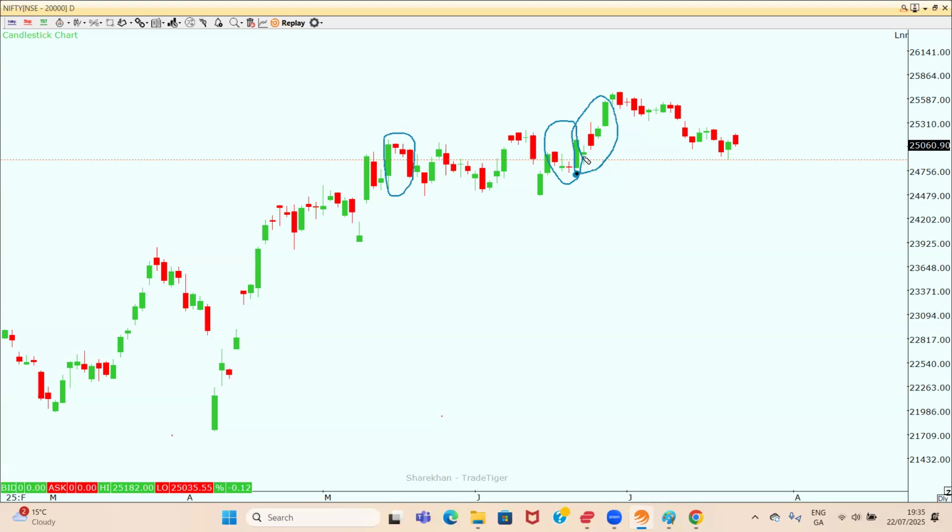So this is an exciting candle. These are base candles. And then there is one more exciting candle. Can we consider this as a demand zone? The answer is yes, because leg in, base, and leg out, right? So these are some examples of what we are looking for on the chart.